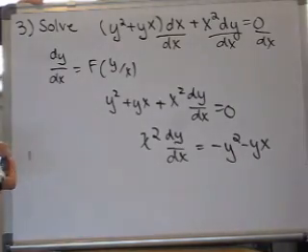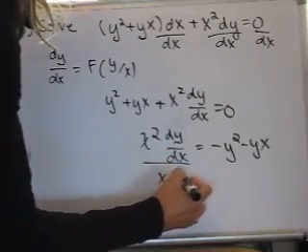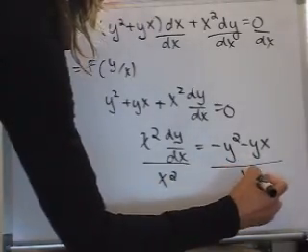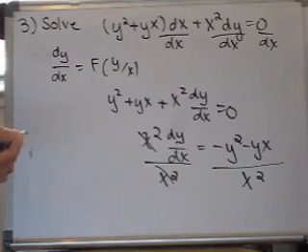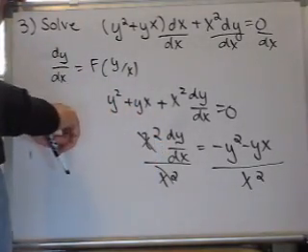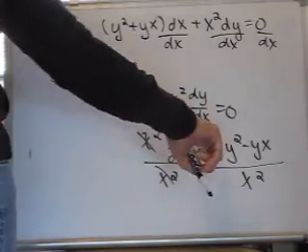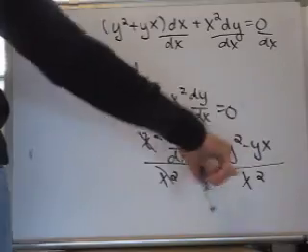And finally, I divide both sides through by x squared. So I end up with x squared and then an x squared over here. So the x squareds on the left-hand side cancel. So now I'm going to have the dy/dx isolated on the left-hand side. On the right-hand side, I want this to have as my variable only the expression y over x.